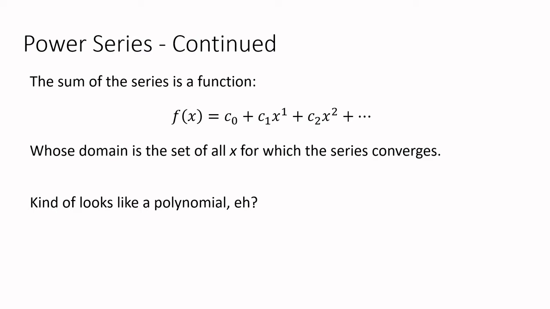So given that that's the way I'm thinking about this, I'm going to write f of x is equal to this like it's a function. Remember, I can plug in an x, say x equals 1, and then that would be c0 plus c1 times 1 to the 1, plus c2 times 1 squared. But what is that really? That would just be equal to c0 plus c1 plus c2 plus dot dot dot.